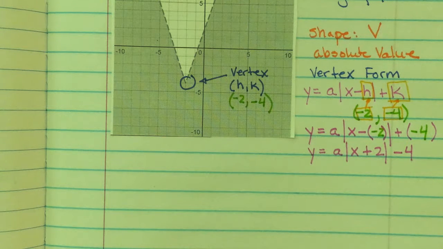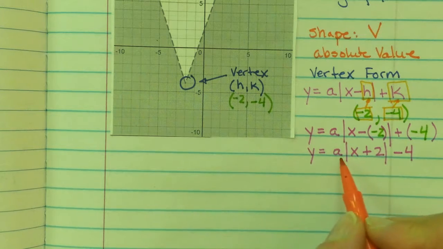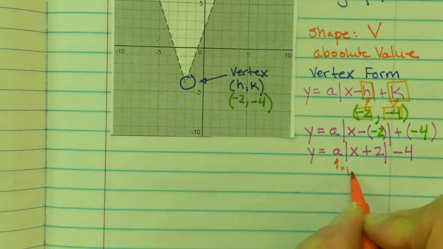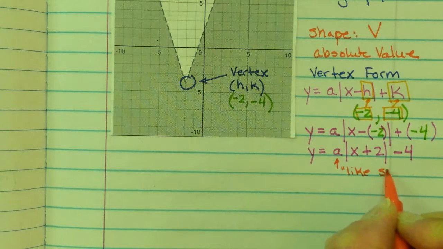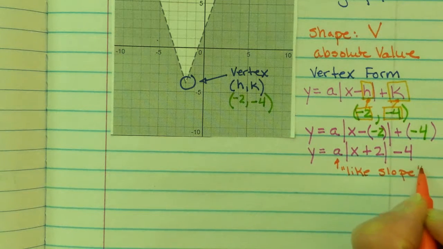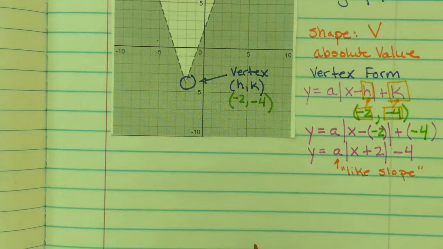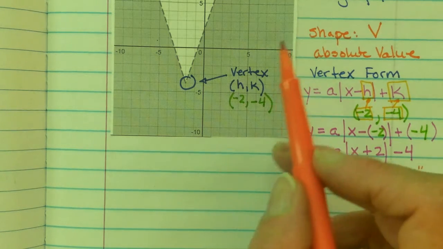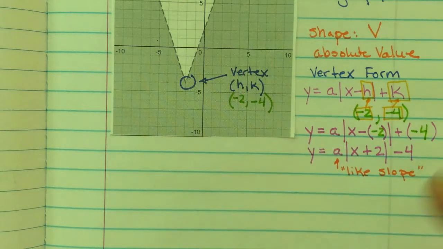The only thing we have to figure out is our a. So we're going to think of a as like slope. What I'm going to show you right now is a shortcut. The only reason I can do this for absolute value is because I have a straight line.